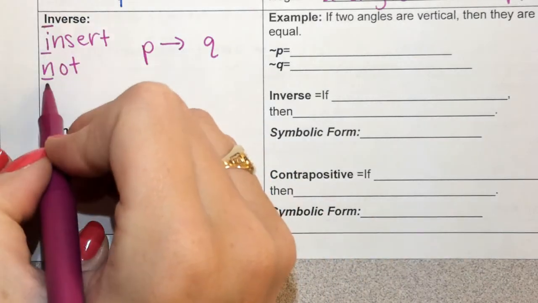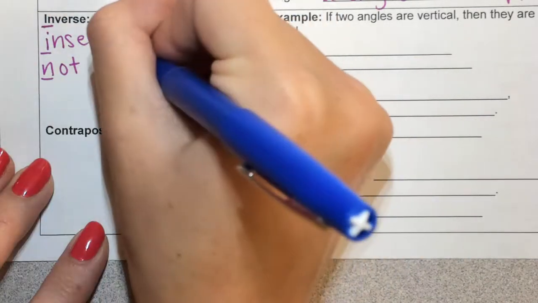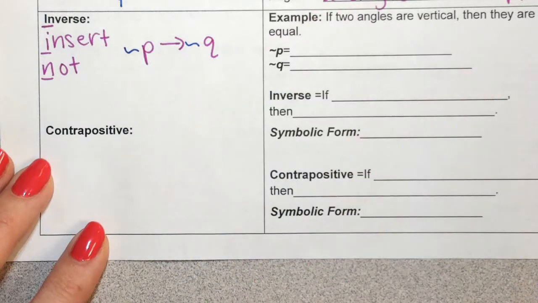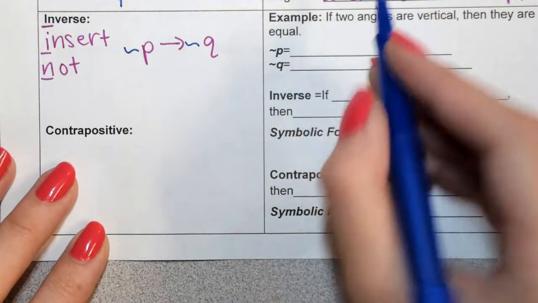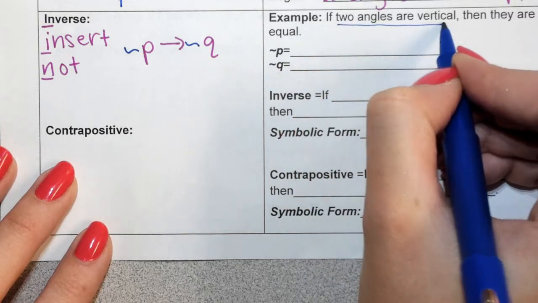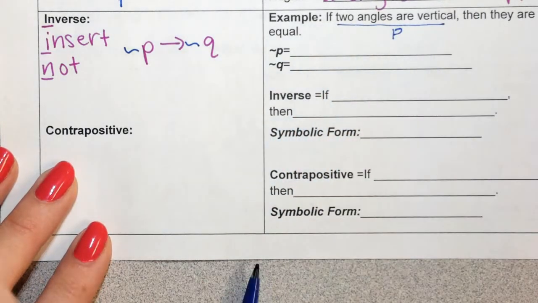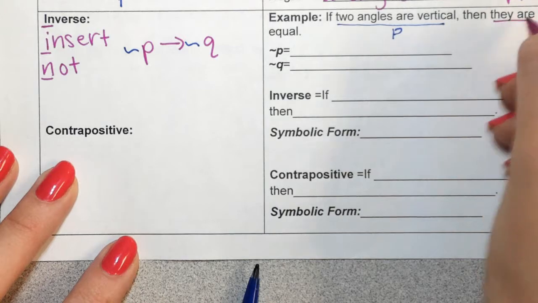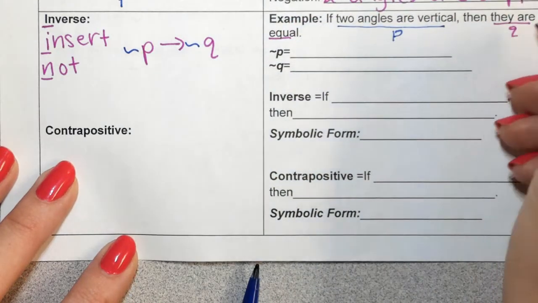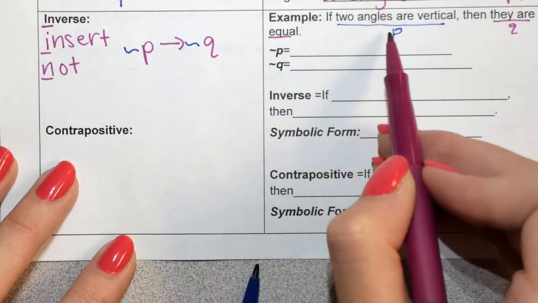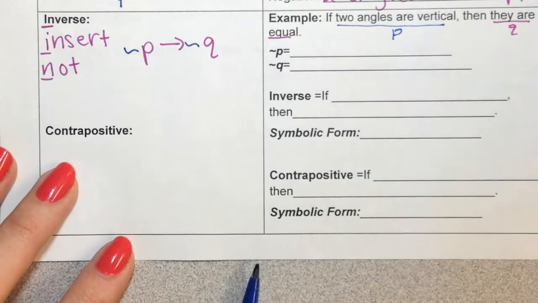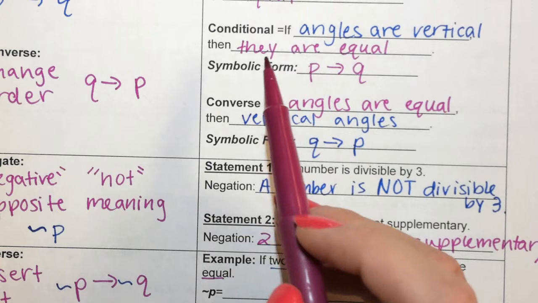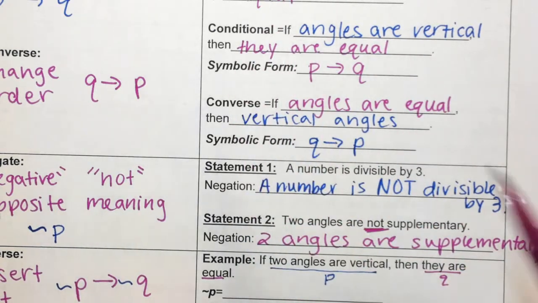But just as this says insert not, we need to put a negation in front of both of those. So our example over here, if two angles are vertical, is my P, then they are equal is my Q. So this example here, PQ, is a conditional. So that conditional from up top, right here, is always going to be kind of that standard form.